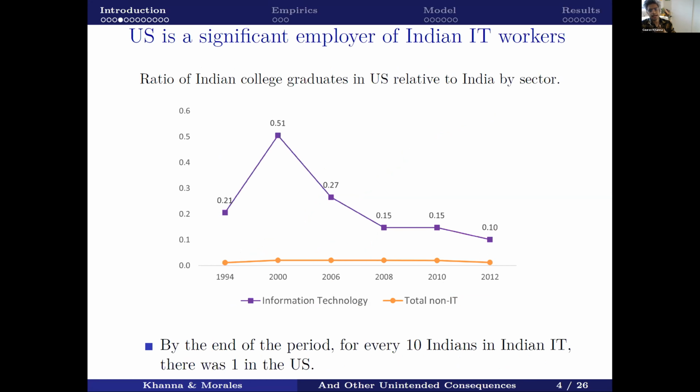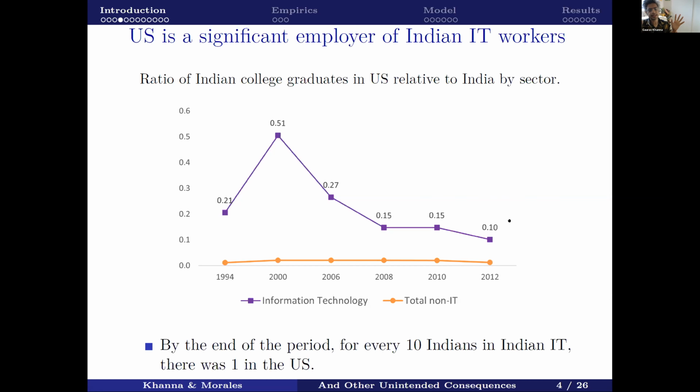When there's so much flow of computer science employment from India to the US, you may wonder what happens to the Indian-born diaspora in different parts of the world, and where these Indian-born computer scientists are really working. What you see is, by the end of our study period, for every 10 Indian-born computer scientists working in India, there was 1 Indian-born computer scientist working in the US.